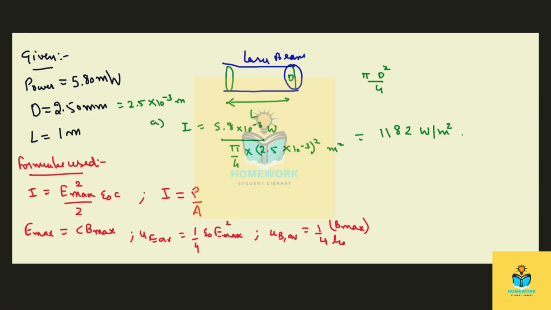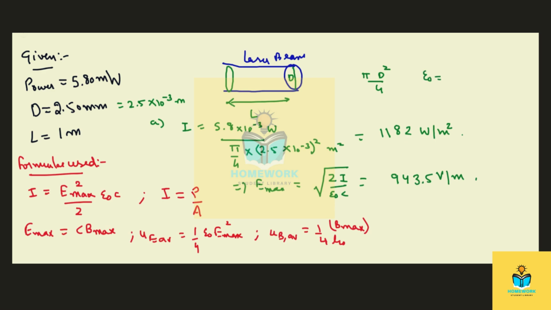Now we can calculate the Emax using this equation. So we have Emax equals root under 2I over mu naught c. We know everything, so these are constants, and this I we know. So putting all this, we have Emax equals 943.5 volt per meter. So let me write you the value of epsilon naught.